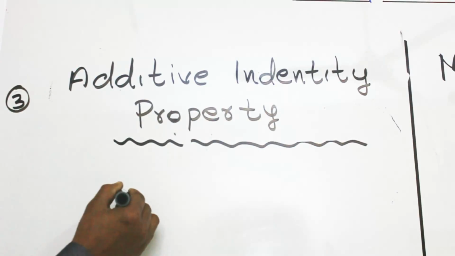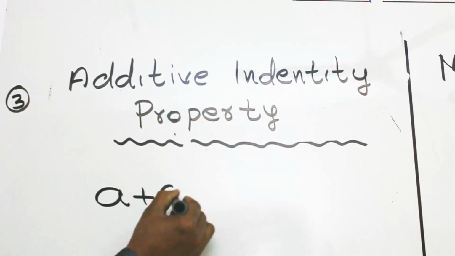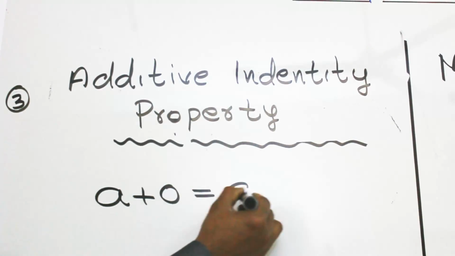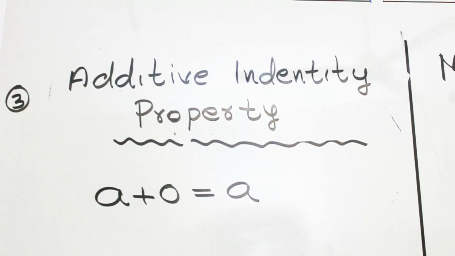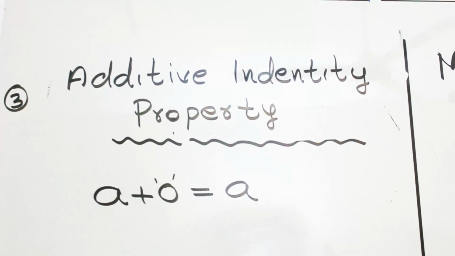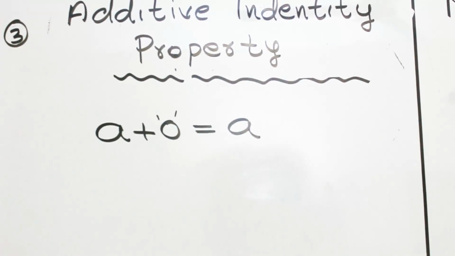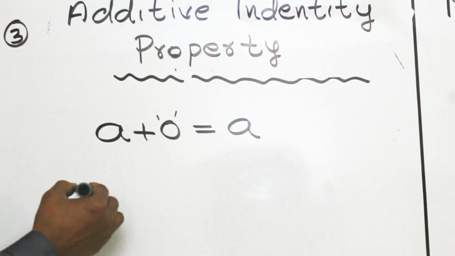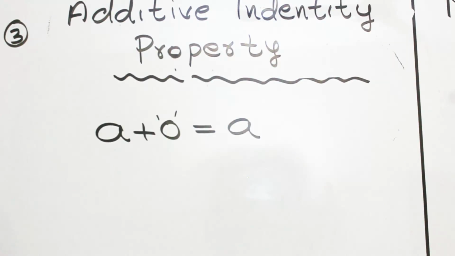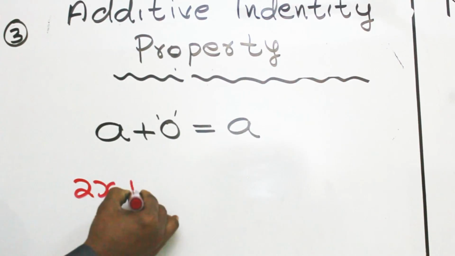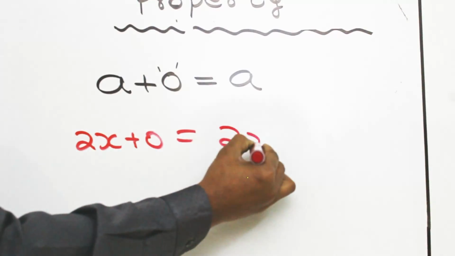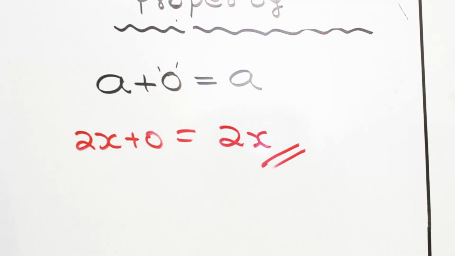For example, A plus 0 equals A, or 0 plus A equals A. 0 has no effect there, so this is called the additive identity. We can check with an example: 2x plus 0 equals 2x itself, without any change. So this is a property.